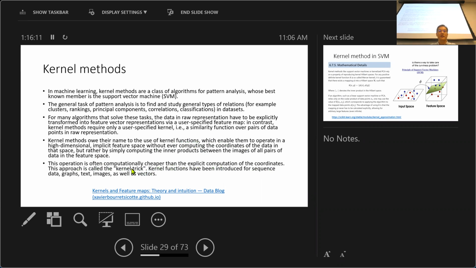Kernel trick means after you transform your data, it becomes high dimension, and the computation is sometimes even simpler compared to your original arrangement. This is called a kernel trick, and there's a technique for you to select the correct kernel function.